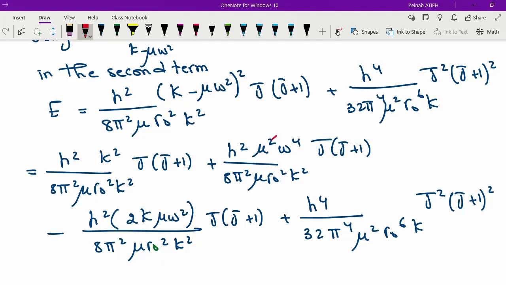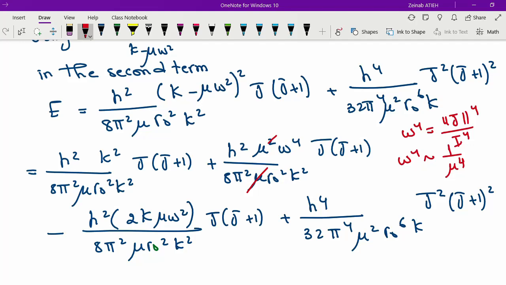So let's take this term, the second term. Let's get rid of mu here; it depends on omega to the power 4. Omega must be replaced by its quantum equivalent. First, classically omega to the power 4 is equal to the classical angular momentum divided by I to the power 4. Now we can say that omega to the power 4 is proportional to 1 over mu to the power 4.